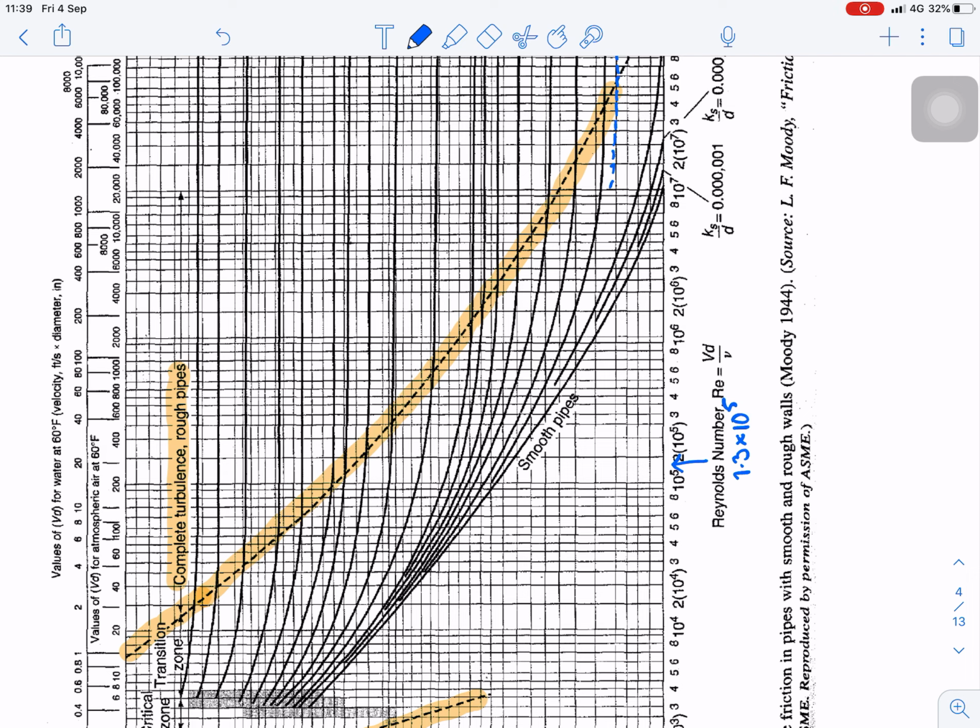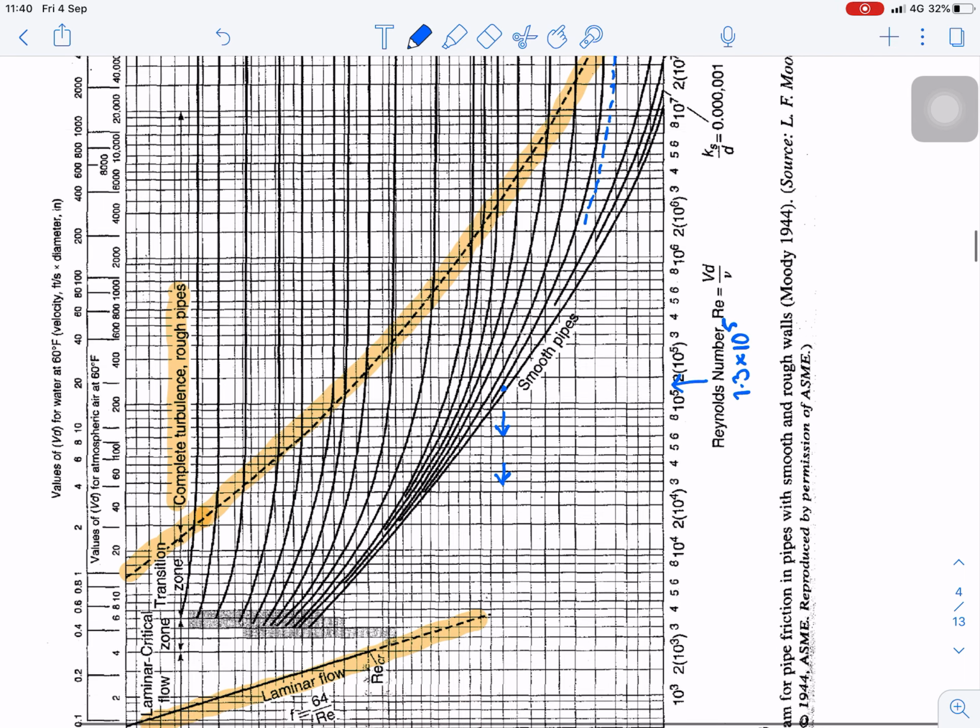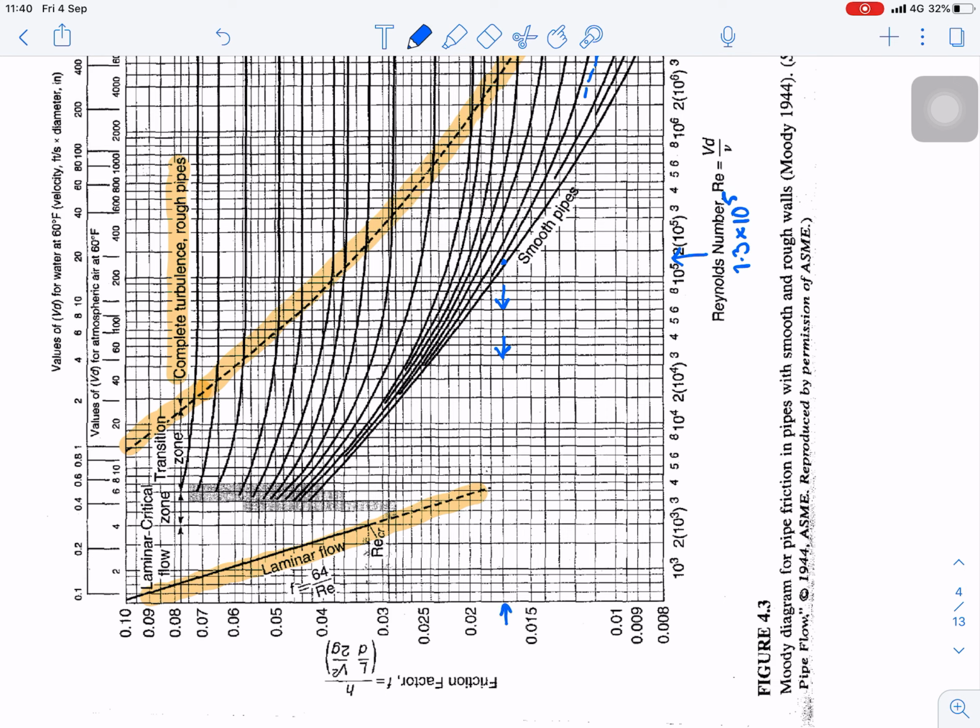Okay, and matching the points, somewhere here, and we can put this.